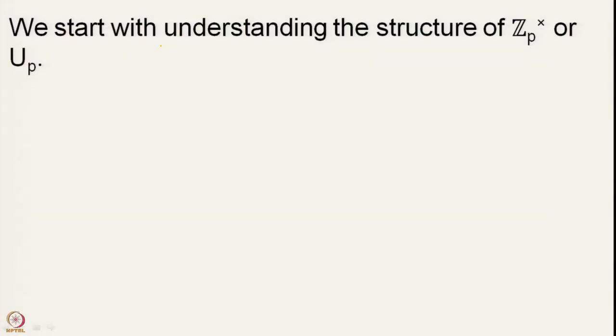It has been our experience that the primes are well behaved whenever we study any structure associated with a general integer n. So, we start by looking at the group of units modulo a prime p. We call this Up. Of course, Zn star is Un. So, whenever your n is the prime number p, we will call them Up.